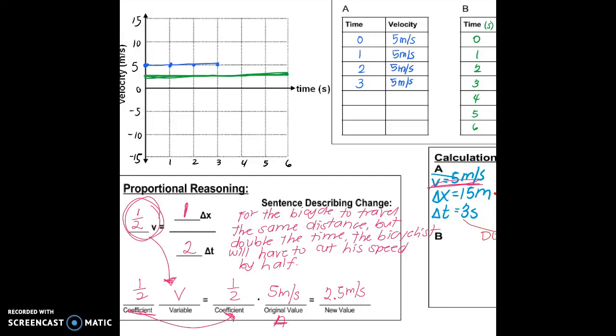I am absolutely open to anyone correcting my English grammar. So for the bicycle to travel the same distance, but double the time, the bicyclist will have to cut his speed by half. All right.